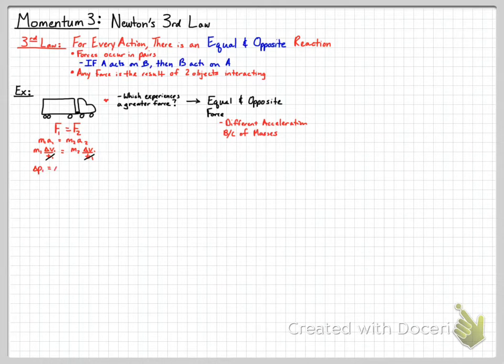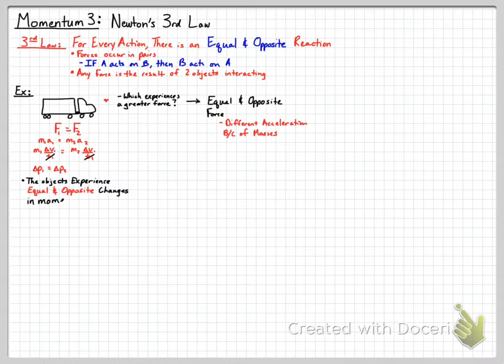Knowing that the times cancel allows us to recognize that mass times change in velocity equals mass times change in velocity, which shows us that the change in momentum of object 1 will equal the change in momentum of object 2. So the objects also experience an equal and opposite change in momentum. Their forces were equal and opposite, and now we know that their change in momentums will be equal and opposite.